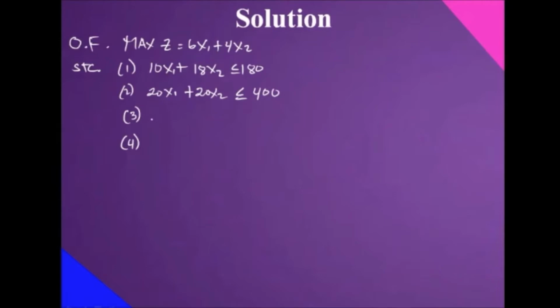For the third constraint, we have 16 x sub 1 plus 12 x sub 2 less than or equals to 192. Last constraint, our x sub 1 and our x sub 2 should be greater than or equals to 0. Bawal magkaroon ng negative. Pwedeng may 0, pero bawal ang negative.